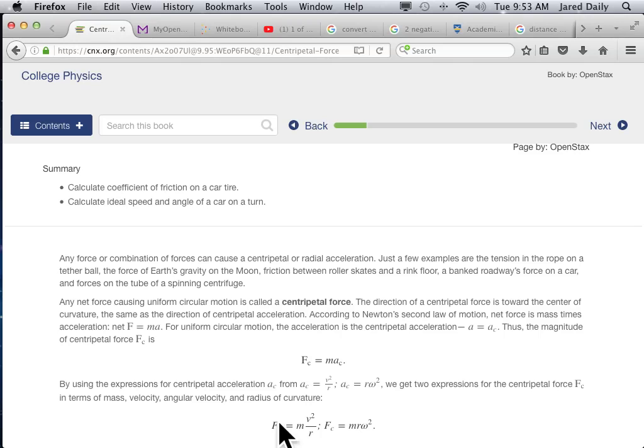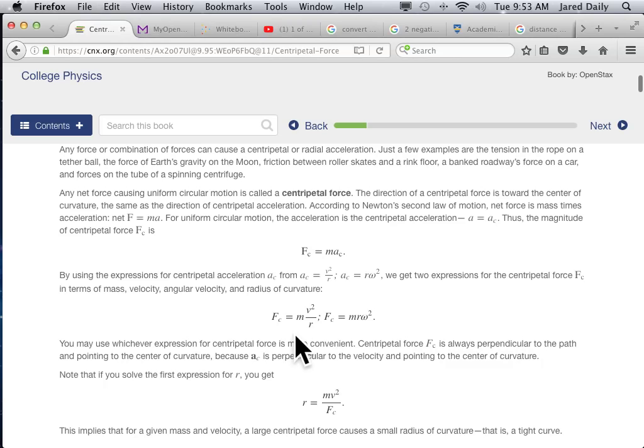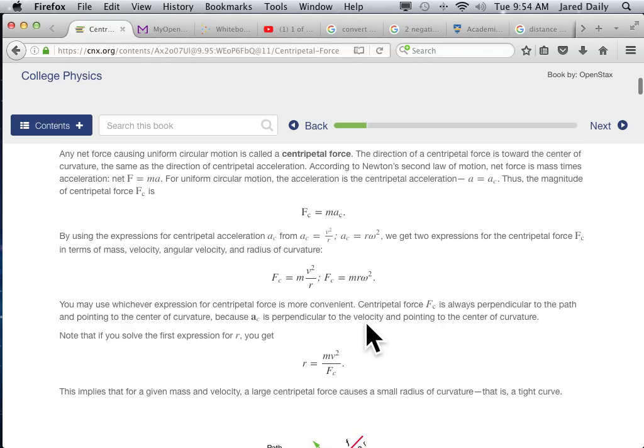So now we have centripetal force can equal mass times velocity squared, or speed squared along the edge of the circle, divided by the radius of the circle. Or centripetal force can equal mass times the radius of the circle times omega, the angular velocity, squared. So if we know either the speed along the edge of the circle and the radius, or the angular velocity and the radius, then we can calculate centripetal force.